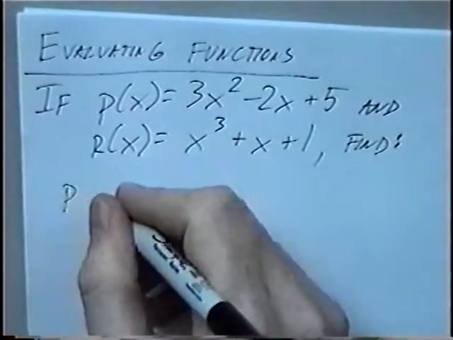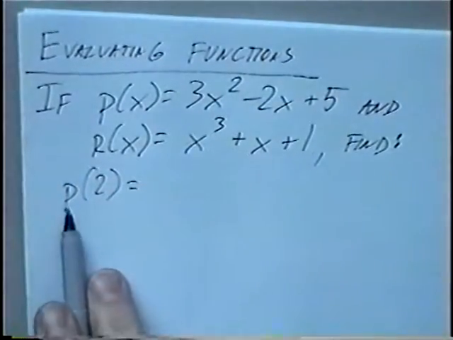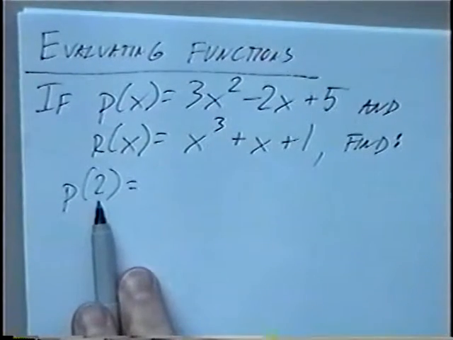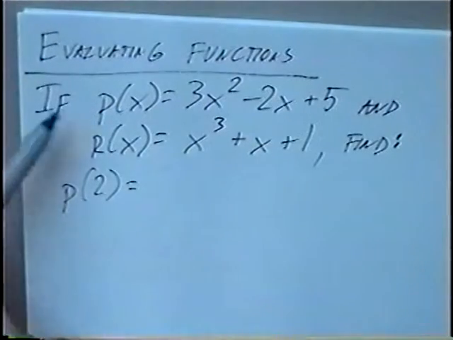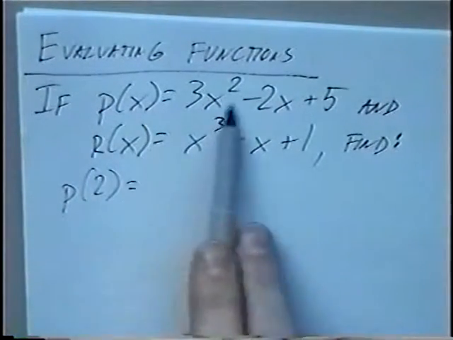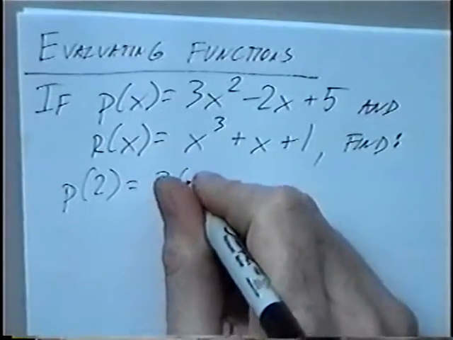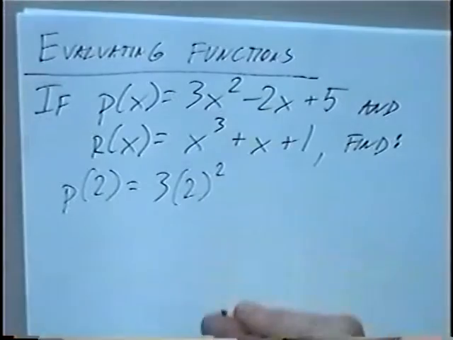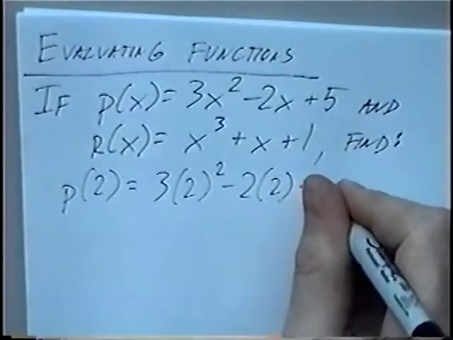First part, p of 2. P of 2, or with a 2 in parentheses, means we'll take a 2, plug it into the p equation, and we'll plug a 2 in for the x values. So rewriting the p of x equation, we'll have 3, but in place of x, we can plug a 2 in, 2 squared minus 2 times 2 plus 5.